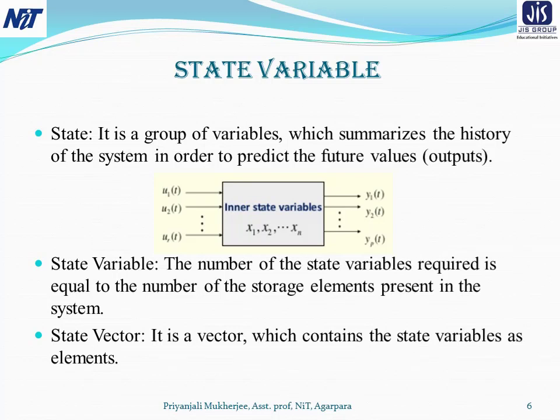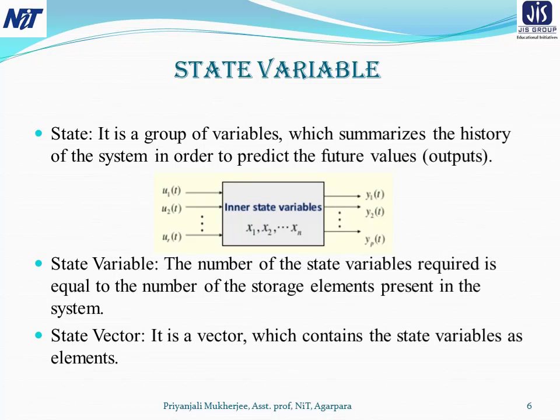Next is the state vector. So if n state variables are needed to completely describe the behavior of a given system, then these n state variables can be considered as the n components of a vector. That means it is a vector which contains the state variables as the elements.